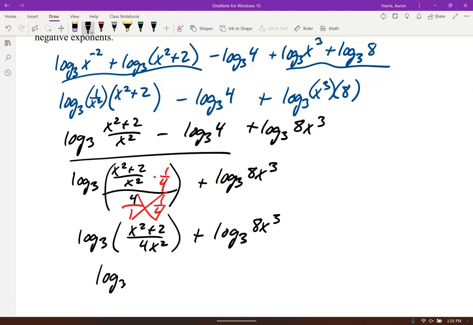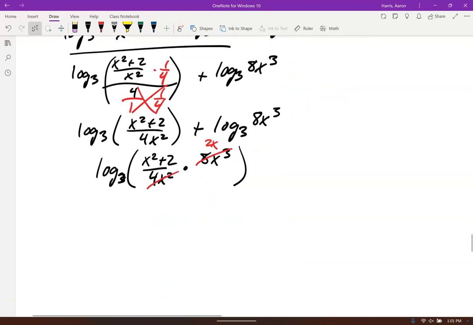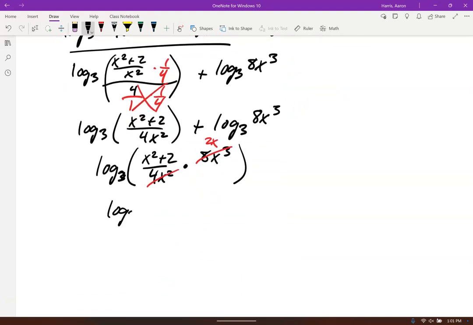So I have log base 3 of (x squared plus 2) over 4x squared, times 8x cubed. If you notice, 8x cubed divided by 4x squared will give you 2x. So what we're left with is log base 3 of 2x times (x squared plus 2).